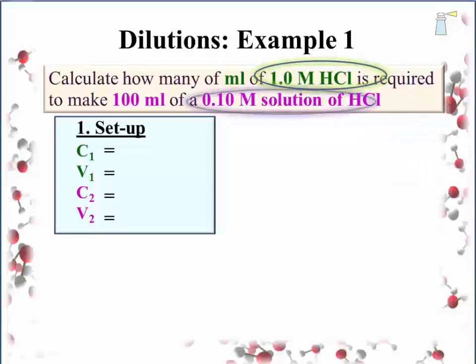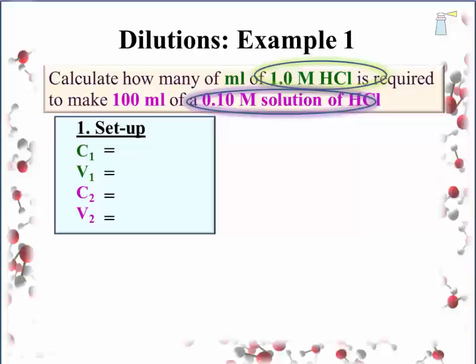Well, there appear to be 2 concentrations, a 1.0 molar and a 0.1 molar. Which one is the before or initial concentration and which one is the after or final concentration? Remember, dilution always reduces the concentration. So the 0.10 molar, which is less, is the after dilution concentration.